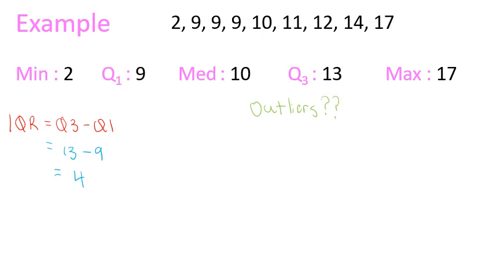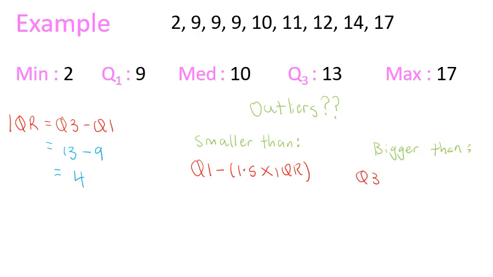So remember, outliers are smaller than Q1 minus 1.5 times the IQR, or they are bigger than Q3 plus 1.5 times IQR.